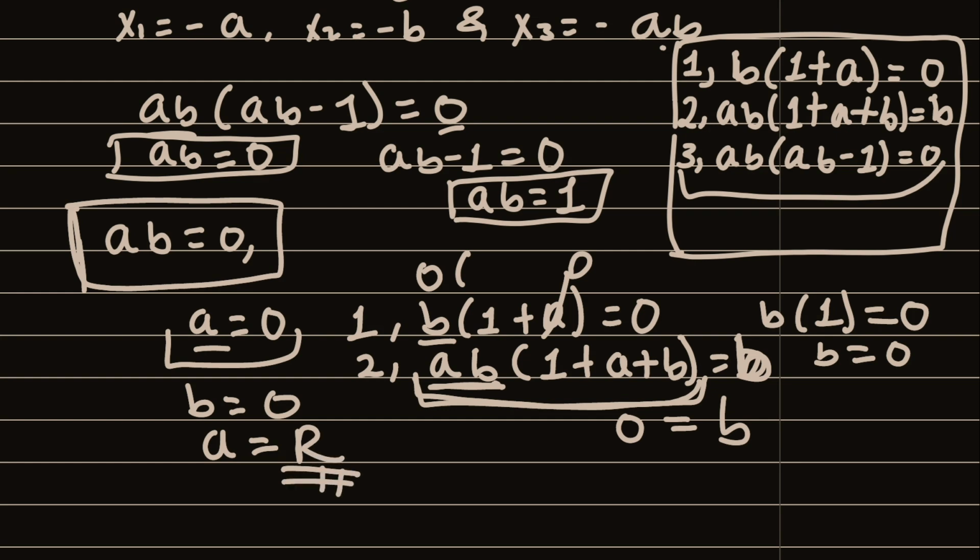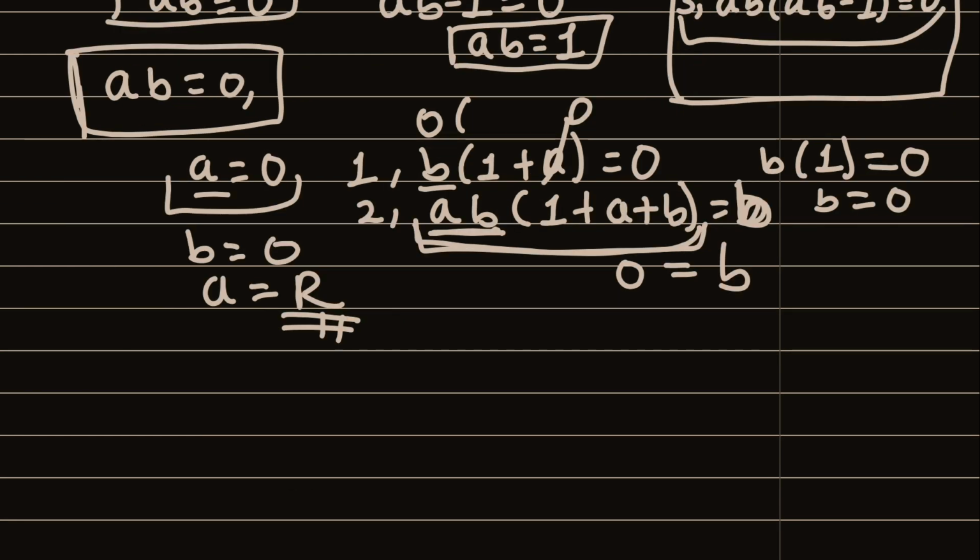So our first answer will be A and what? B is equal to 0. So A and 0. Our first answers are A and 0.